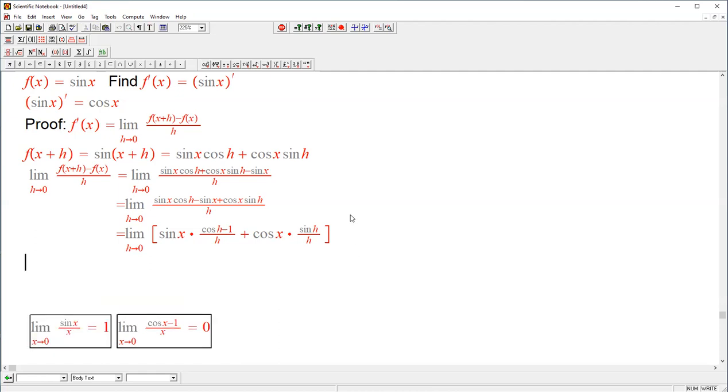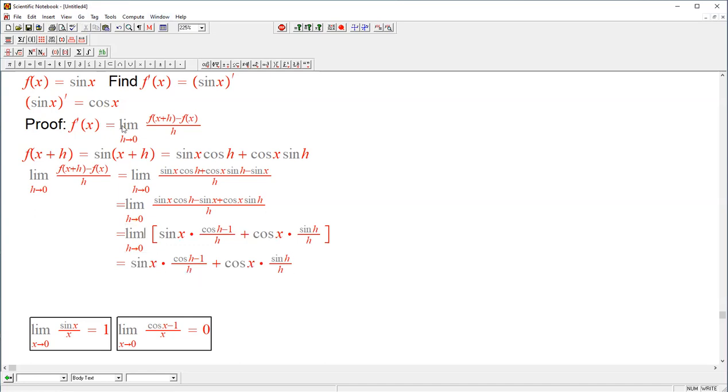So this way, we can apply limit law. And the limit law is applied as follows. Okay, so the limit applies to sine x.